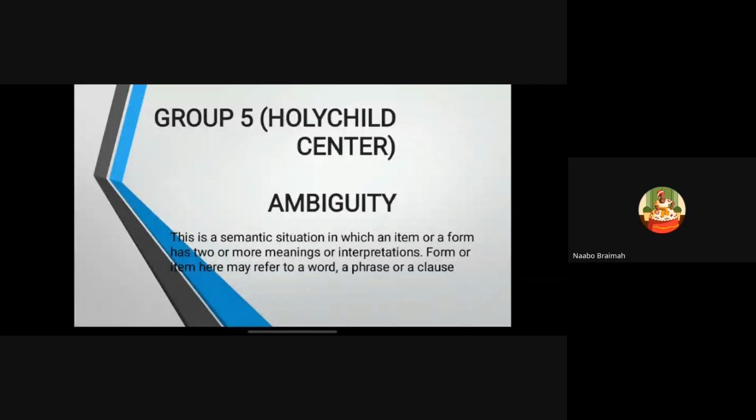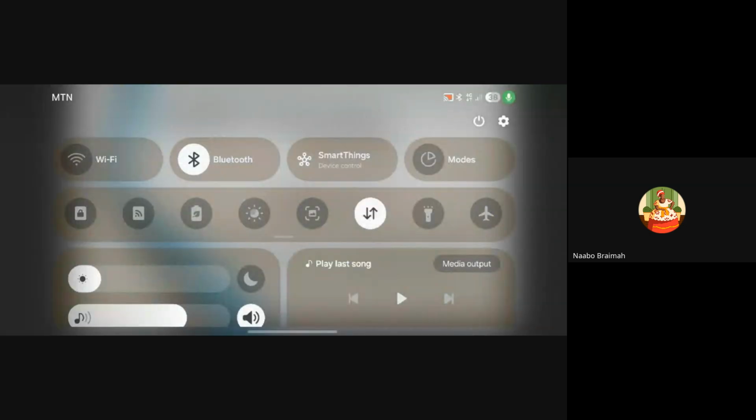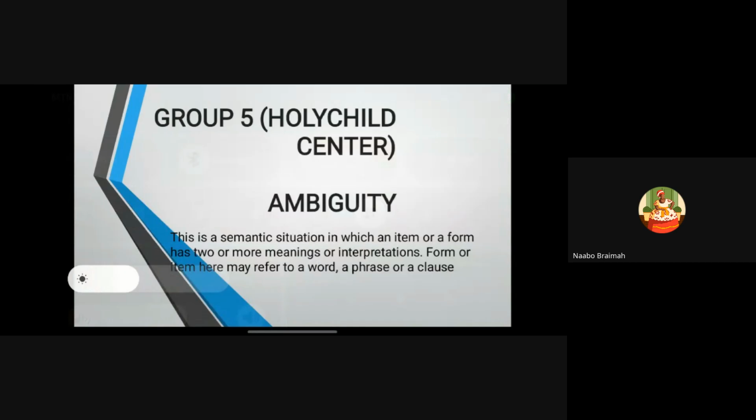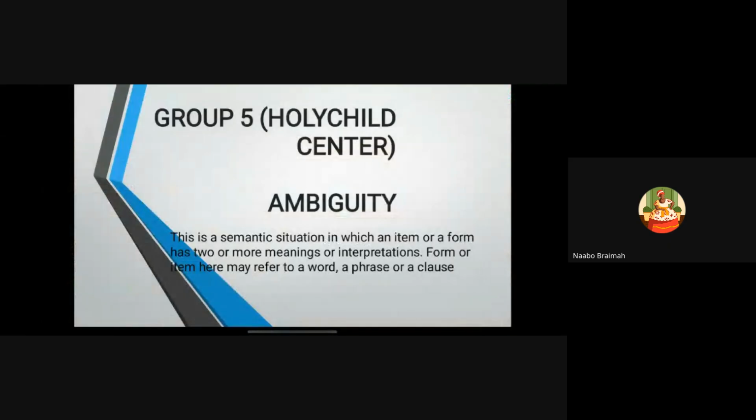Holy Child Group 5 was presented with a problem, and we were given 2 questions. One is how can ambiguity result from confusion of grammatical form or function, and what strategies can resolve it? The second one is how does referential ambiguity arise from unclear pronoun reference, and what strategies can resolve it?